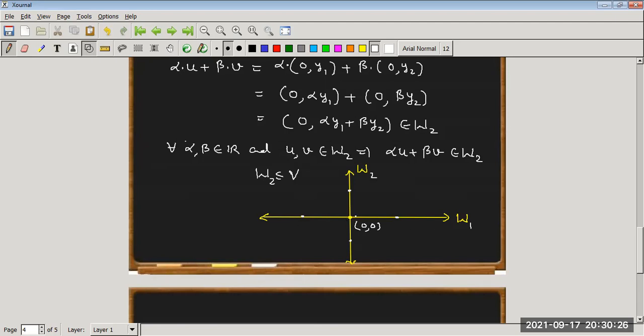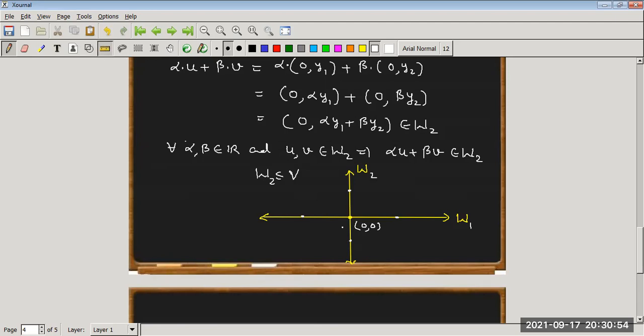So what we observe is, for a line, first we have to take care whether the line passes through the origin or not. Does (0, 0) belong to W1 or W2 or not? If the identity element (0, 0) does not belong to it, then we can say W1 is not a vector space.